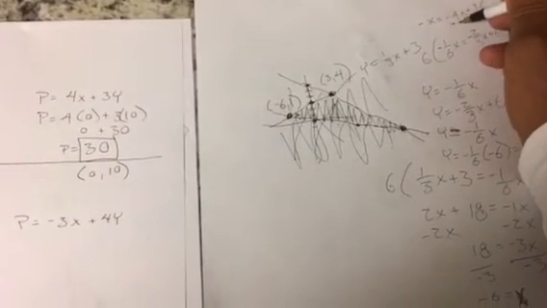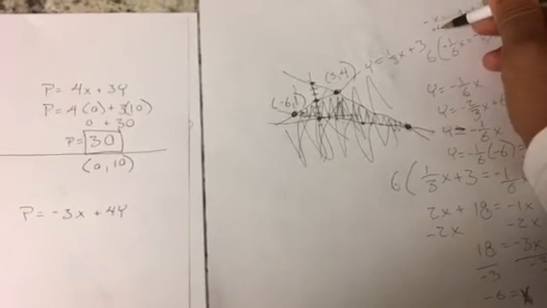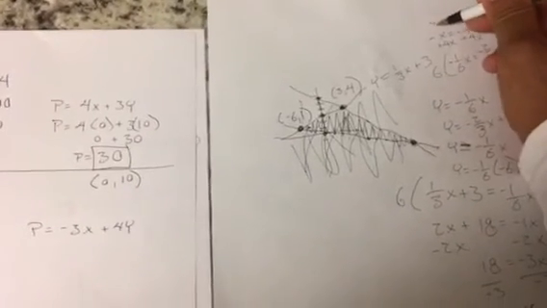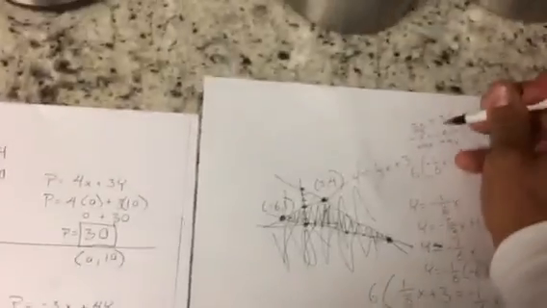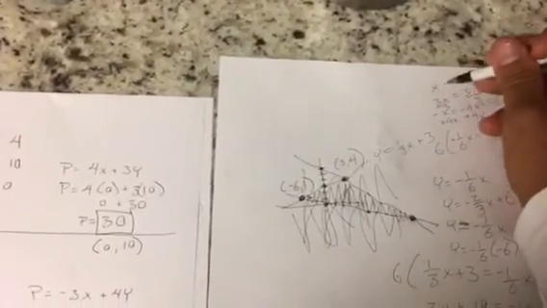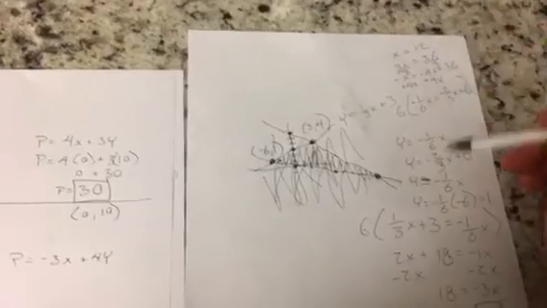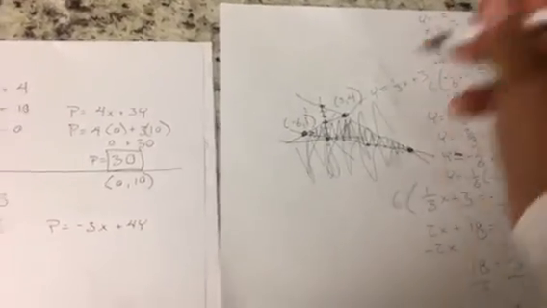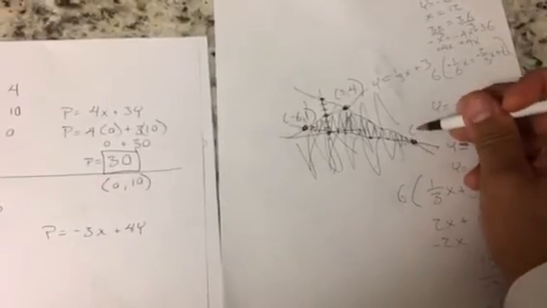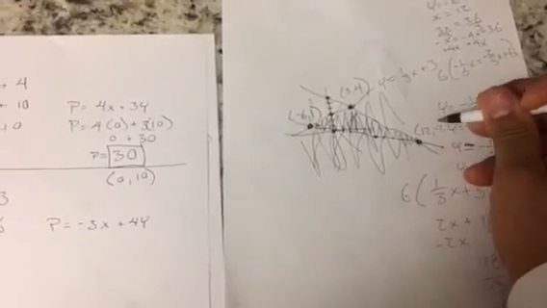Add the 4x. 3x equals 36. Divide by 3. X equals 12. Plug that in right here. Gives me y equals negative 2. So this point is at 12, negative 2.